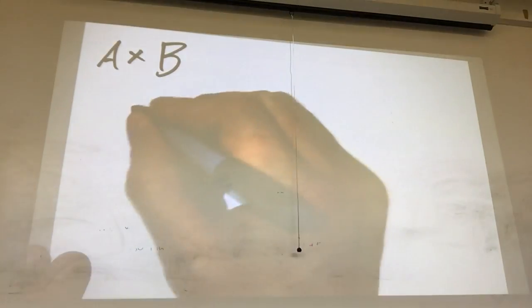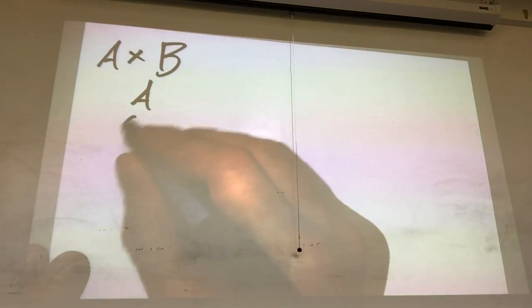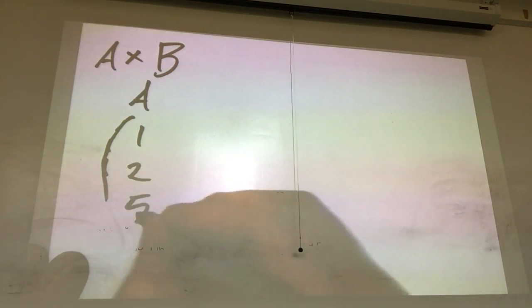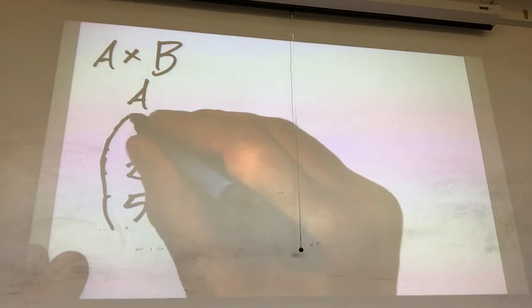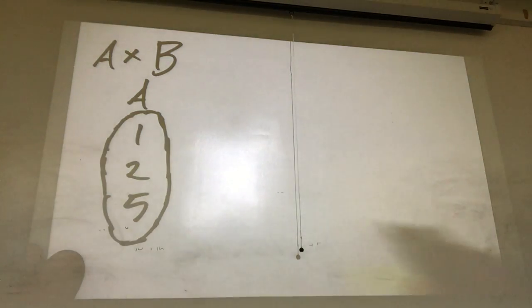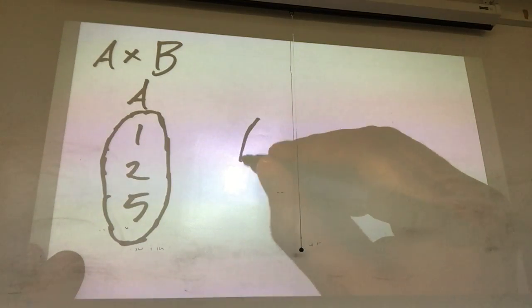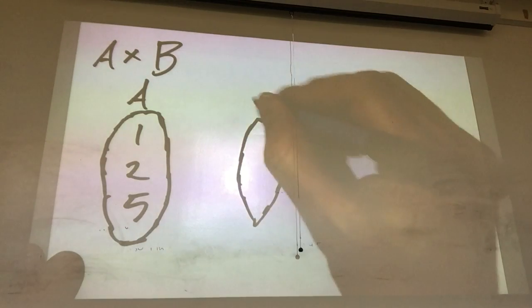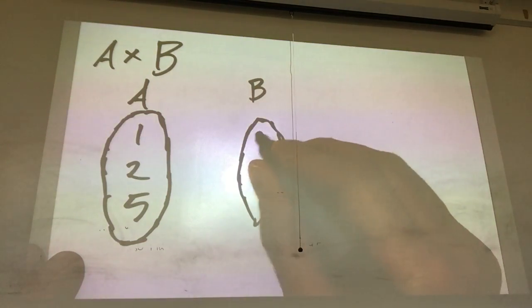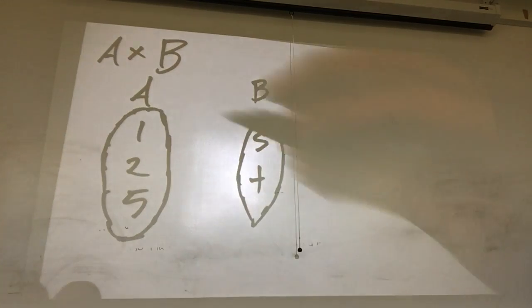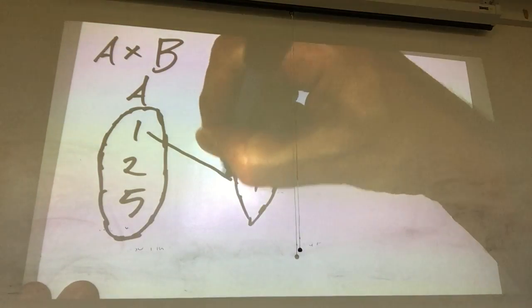Now, if I have A right here, say 1, 2, and 5, and B right here, which is s and t. Okay, so now for A cross B, all of these mappings are going to go together.